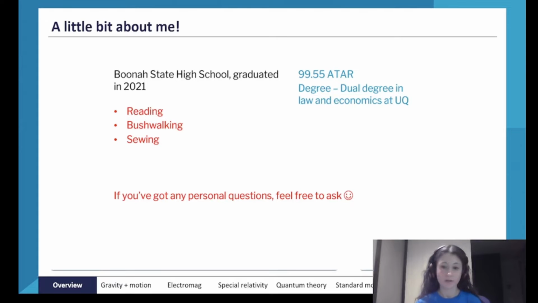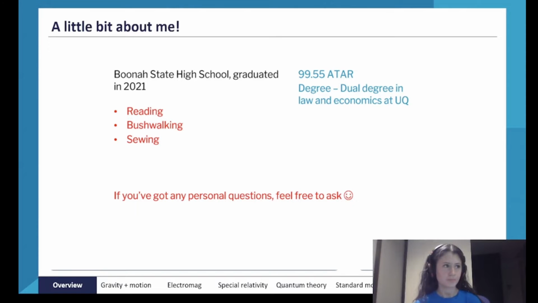The subjects that I did were physics, of course, and then methods, specialist, and then English and philosophy and reason. So I didn't do all of the most difficult subjects, like some people do, with biology and chemistry too. But I still managed to get a pretty high ATAR.